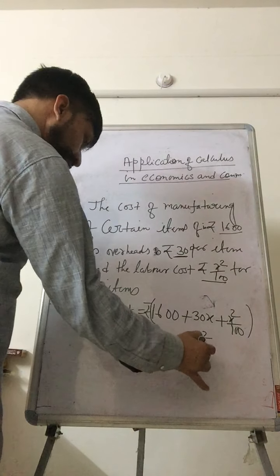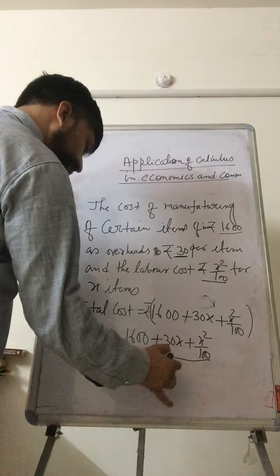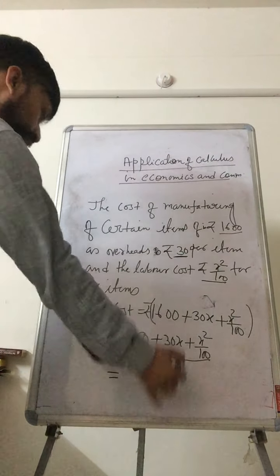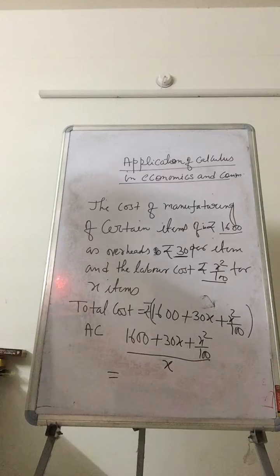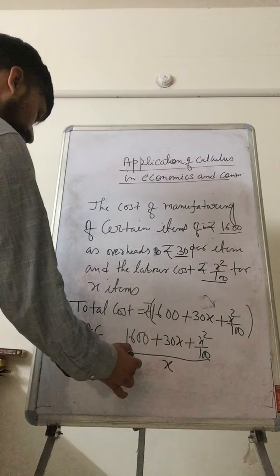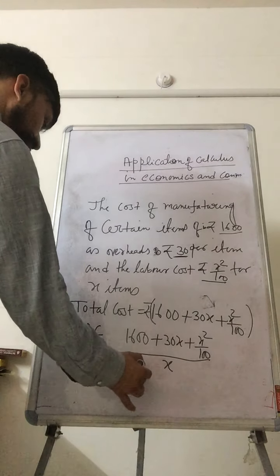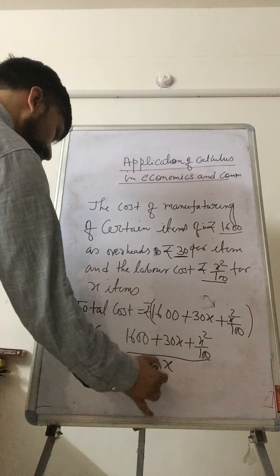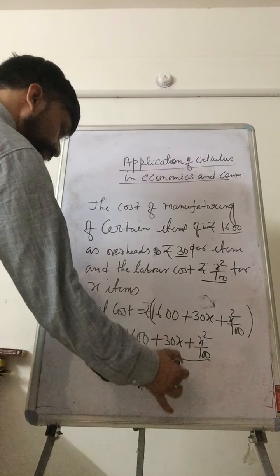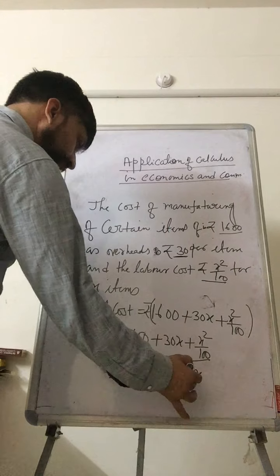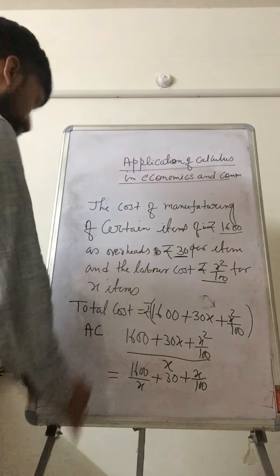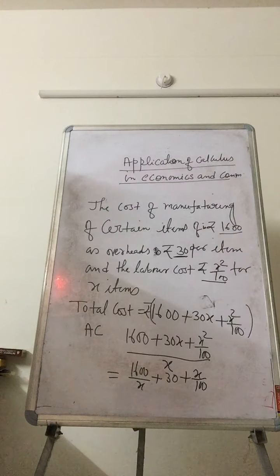Later on, if you simplify, you will get 1600 by x plus 30, because x can cancel, and here we are getting x by 100. So this is your average cost.